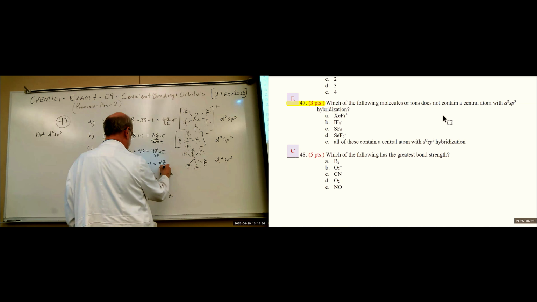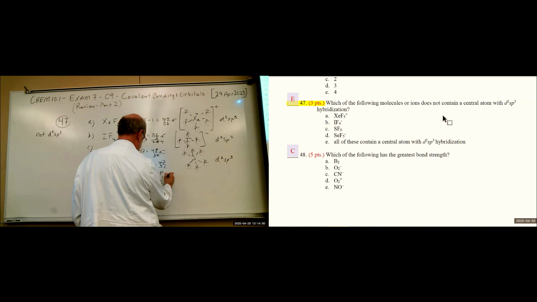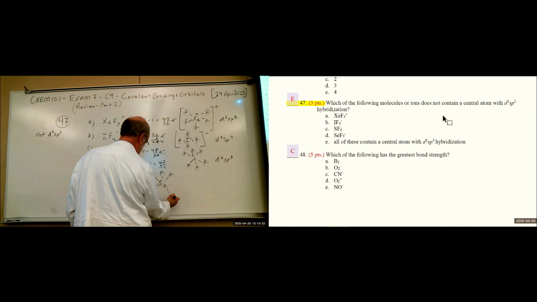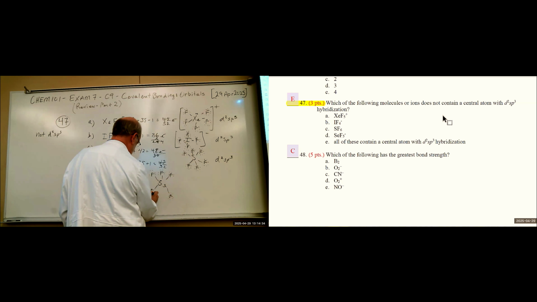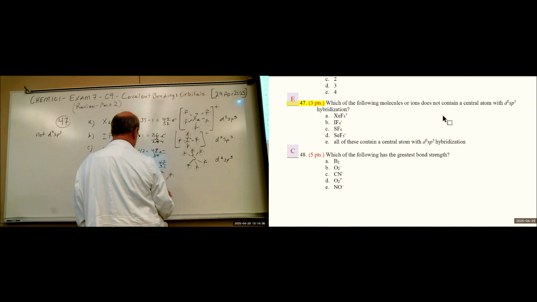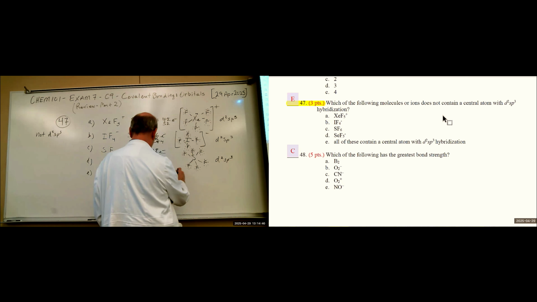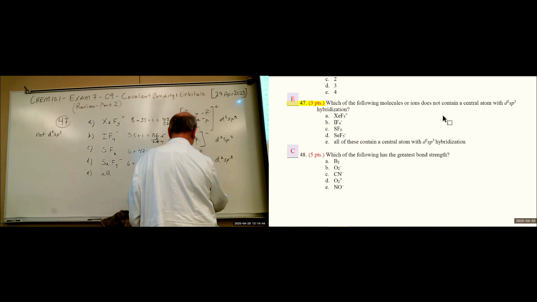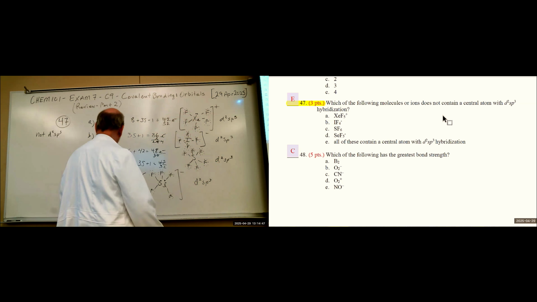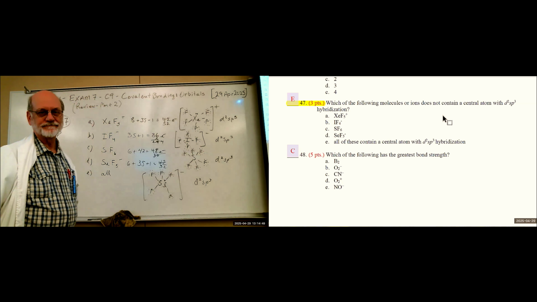Now we have 32. 2, 4, 6, 8, 10, 12, 14, 16, 18, 20, 22, 24, 26, 28, 30. And you have 2 left over. Goes on the selenium. That's 6 groups. That's d2sp3. They're all d2sp3.